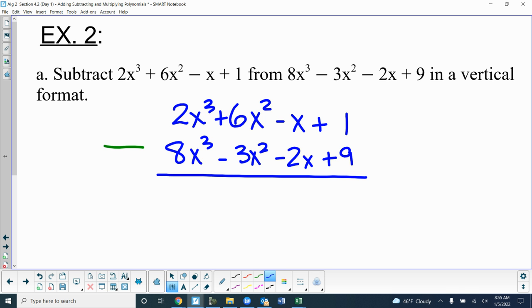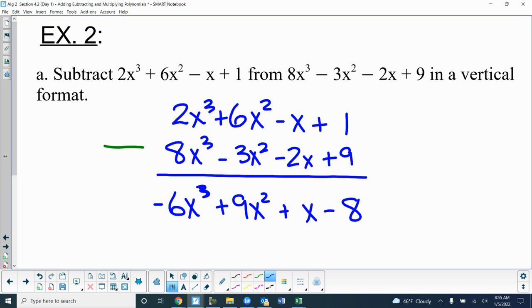So what's 2x cubed minus 8x cubed? Negative 6. Now here's where sometimes we mess up. What's 6x squared minus a negative 3x squared? That's plus 3x squared, right? Minus a negative. So remember, that's addition when you go minus a negative. Same thing here. Negative 1 minus a negative 2 is like negative 1 plus 2, which is positive 1, right? And then 1 minus 9 is negative 8.